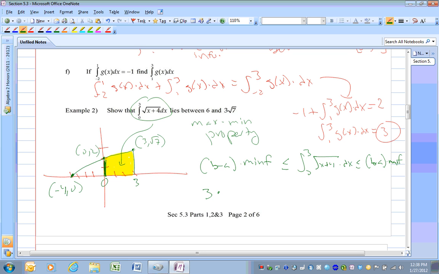Yes, max F. Sorry, it's not for the shaded region, it's for the curve. From 0 to 3, it's 2, right? And what is the highest y value? Root 7, right? So that's how you prove it.